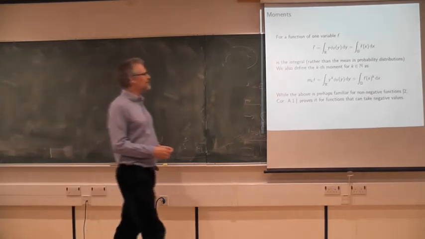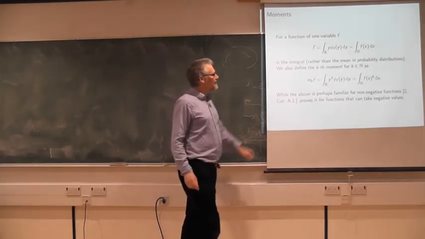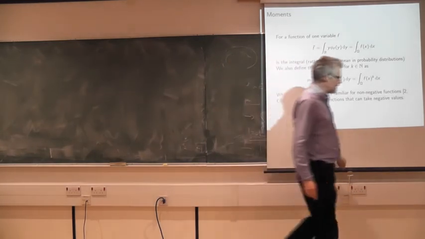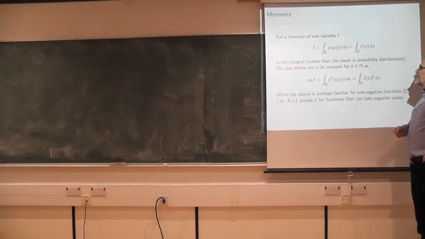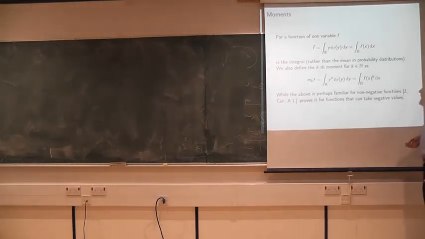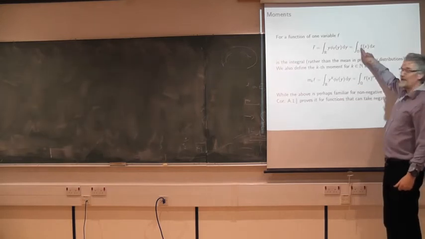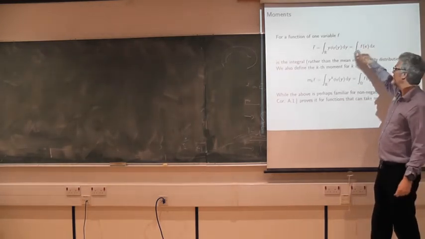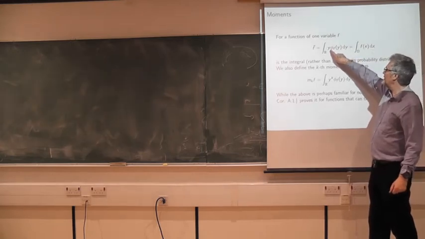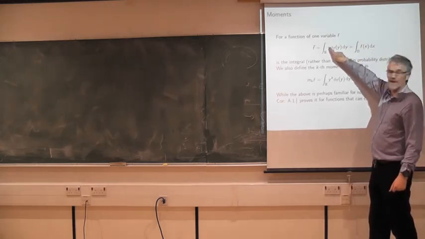First of all, if you just had a one-variable function of t, think of the mean, because you know that from probability. If you integrate the function, assuming that exists, it's the same as taking what you might call the first moment.